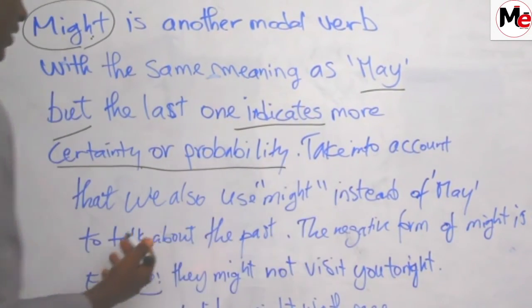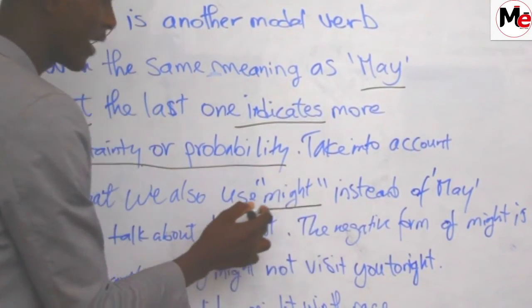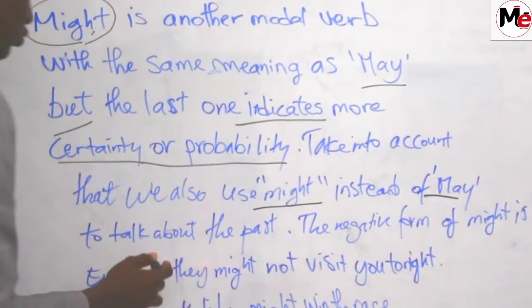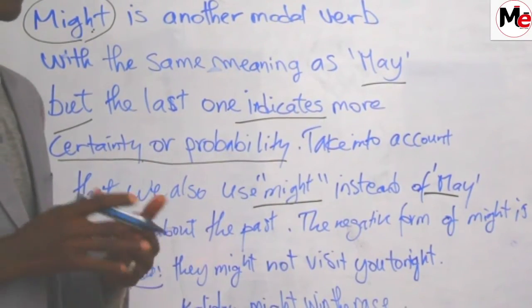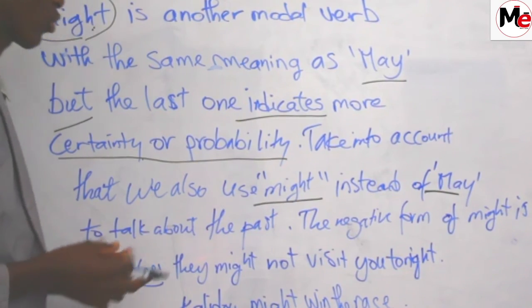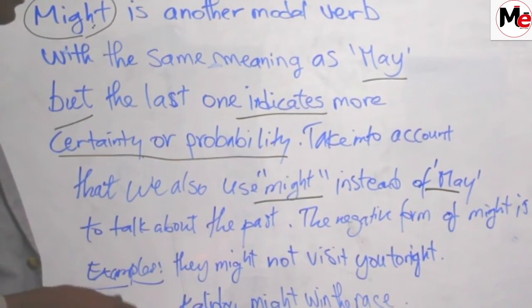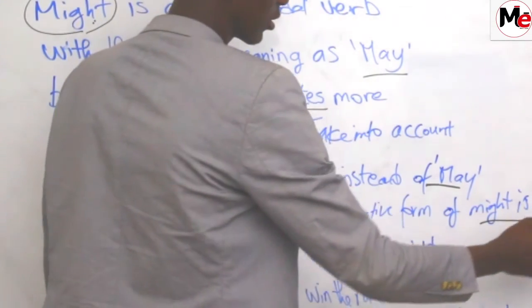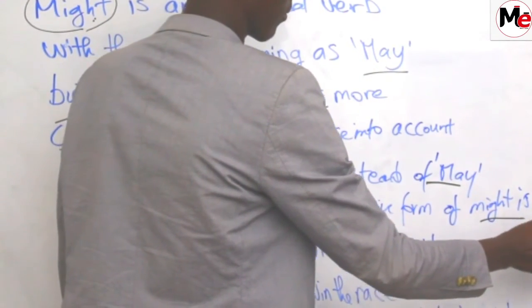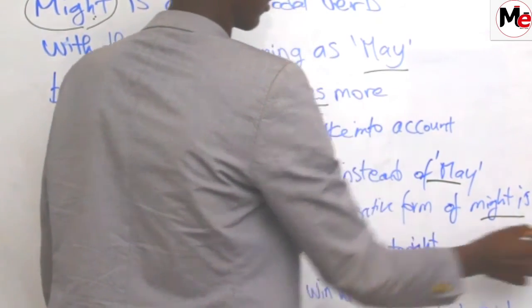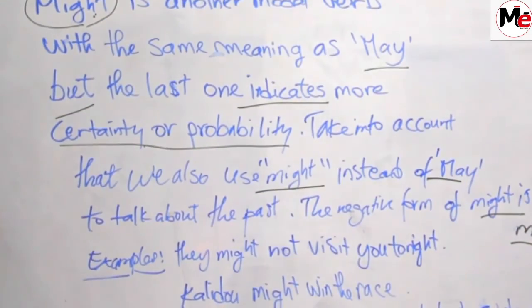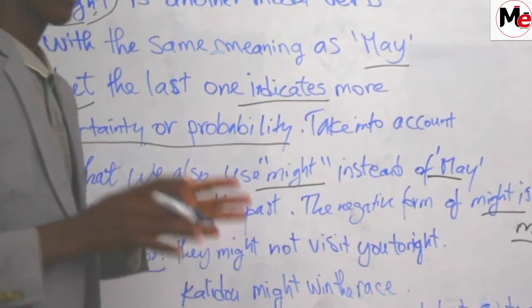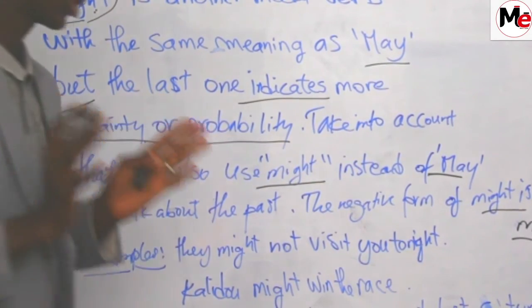Take into account that we also use might instead of may to talk about the past, and we're going to see that in examples. The negative form of might is might not, or the short form mightn't. So, I might go, I might not.